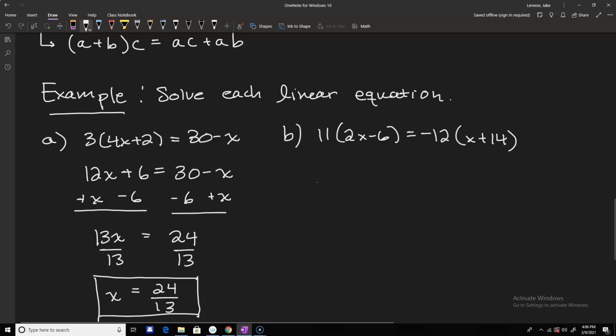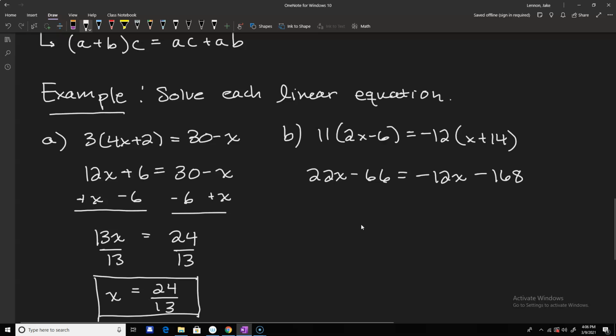So distributing the 11 on the left, we have 22x minus 66. And on the right, it's important to note that that negative 12 is all one number. So we not only distribute the 12, but also the negative. So we have negative 12 times x, which is negative 12x. And then we have negative 12 times 14, which is going to be what? 140 and 28, minus 168.